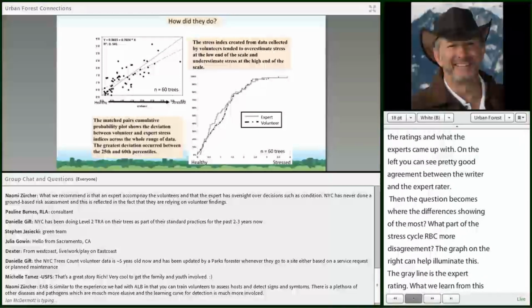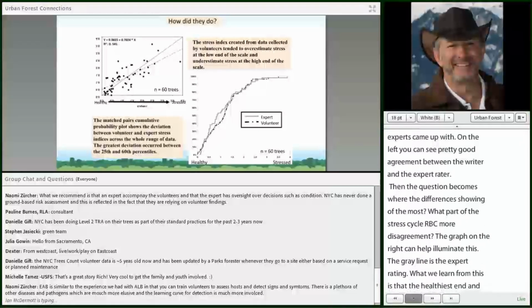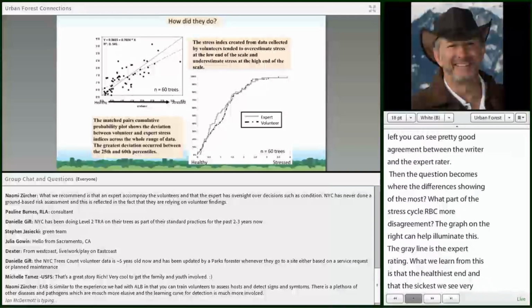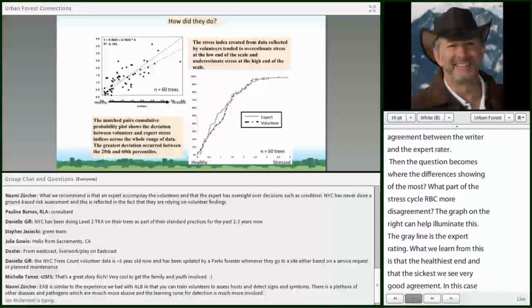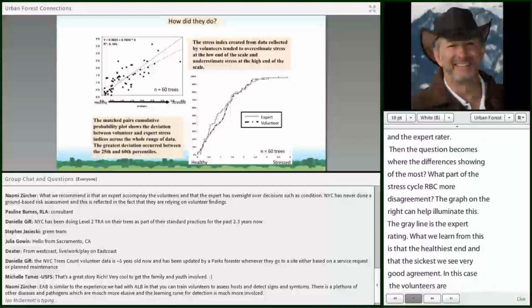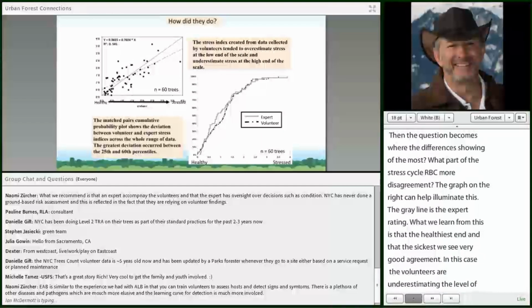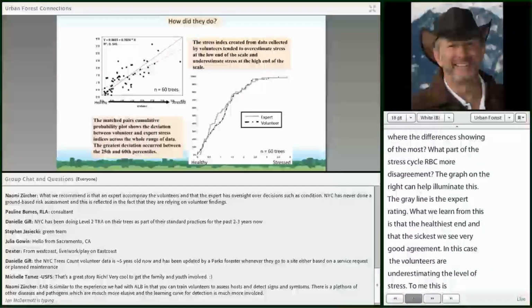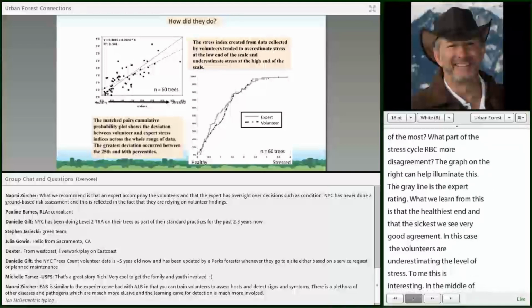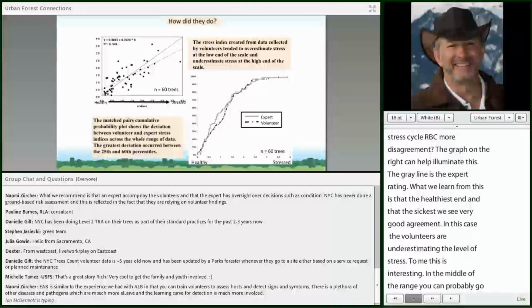And it's in the middle where we see some separation between the ratings. In this case, the volunteers are slightly underestimating the level of stress as compared to the experts. To me, this is interesting and makes some sense. In the middle of the range, you could probably go either way with some of your estimates, but the important thing is that the healthiest trees are being assessed correctly, and then, of course, the sickest trees are being assessed correctly.